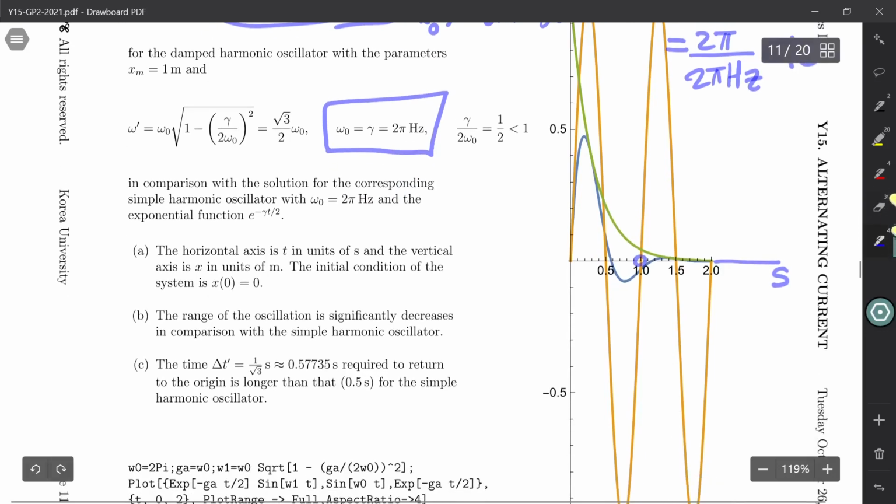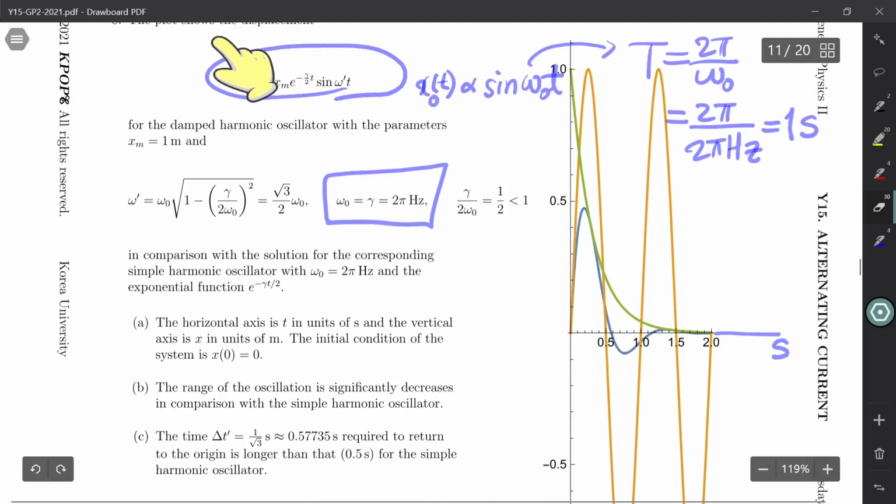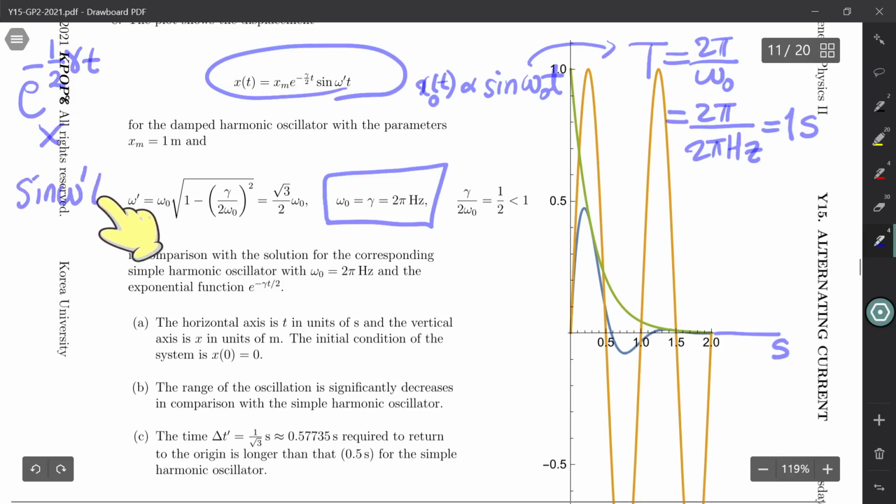But as we can see in this figure, this damped motion has an amplitude that is a product of exponential minus 1/2 gamma t multiplied by sine omega prime t.